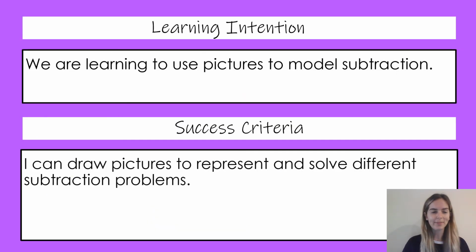Now that you have completed our subtraction problems, let's reflect on our learning. And our learning intention was that we are learning to use pictures to model subtraction. Our success criteria was, I can draw pictures to represent and solve different subtraction problems.